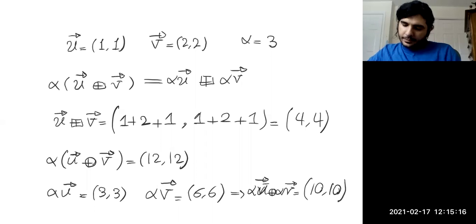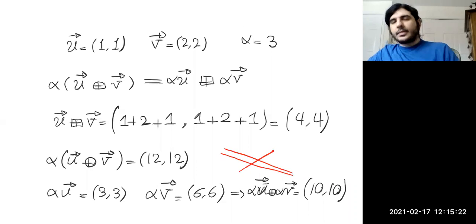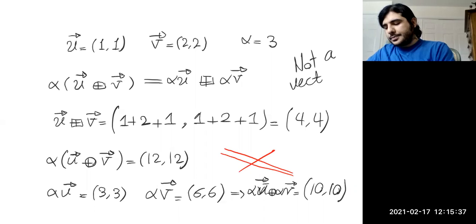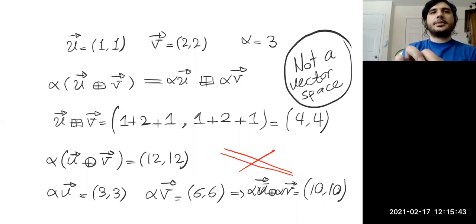And we can see these two things are not equal. (12, 12) and (10, 10), they're not equal. Therefore, we don't have the distributive law, the law of distribution. So it's not a vector space. Again, not a vector space. Yeah, okay, that's pretty good.